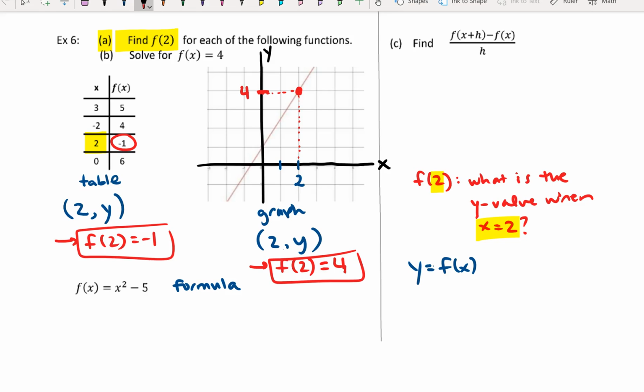Now, one last thing, if we are looking at a formula, if you're asked to find the function evaluated at 2, we're actually just plugging in x equals 2. So when x equals 2, I will use blue to help myself with that.